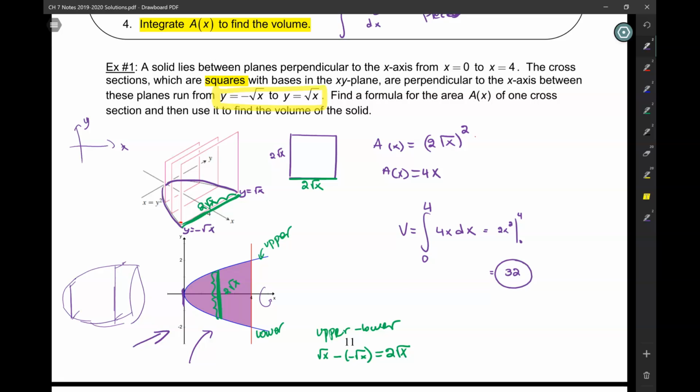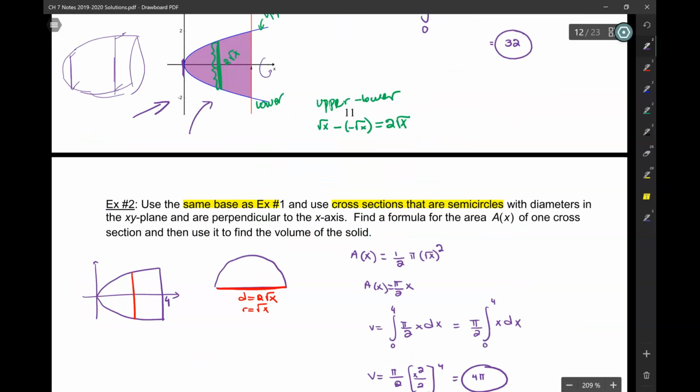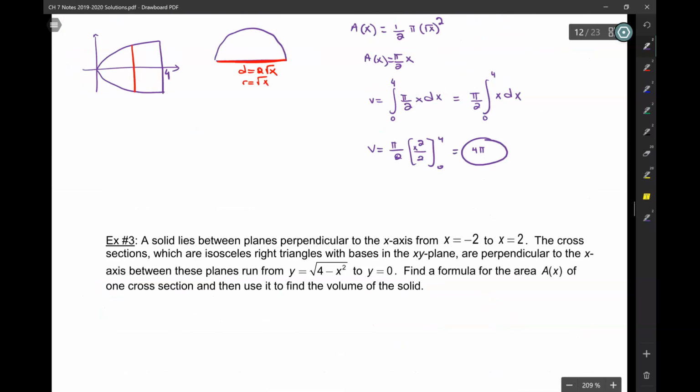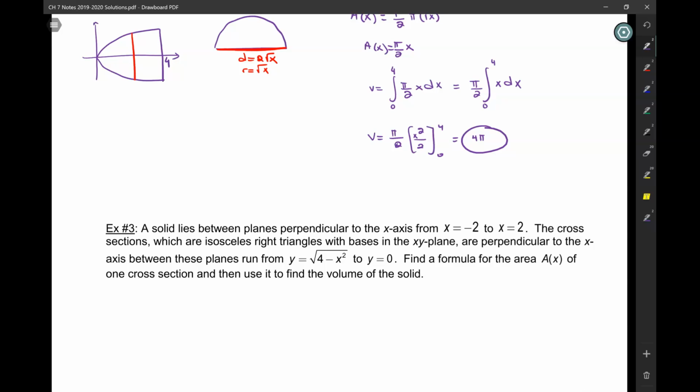Now, a semicircle, because of the curved nature of it, might be a better representation of the volume, just like a trapezoid was a better representation than rectangles were for area. Okay. All right, let's do one more.